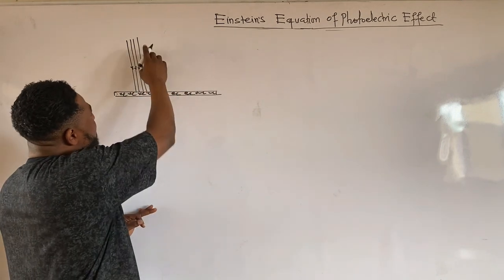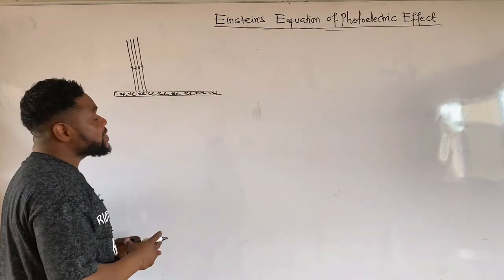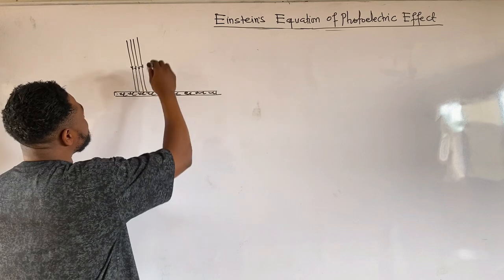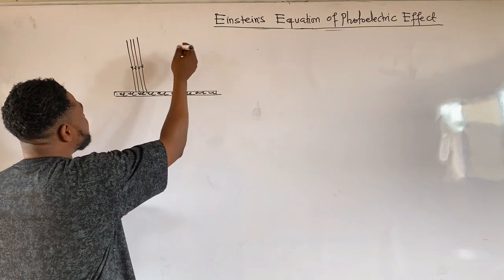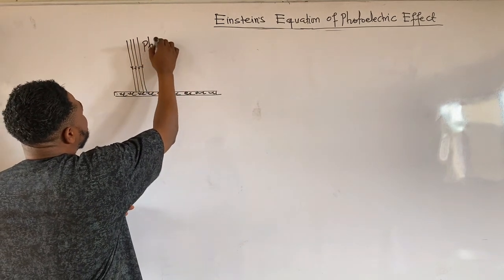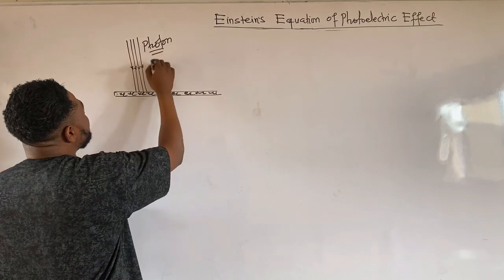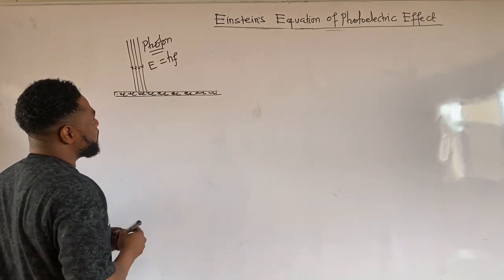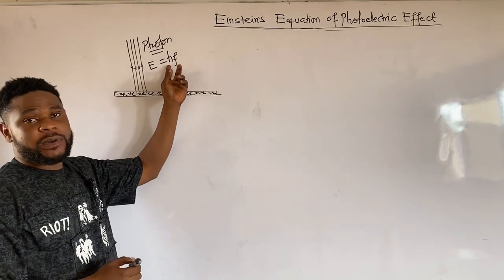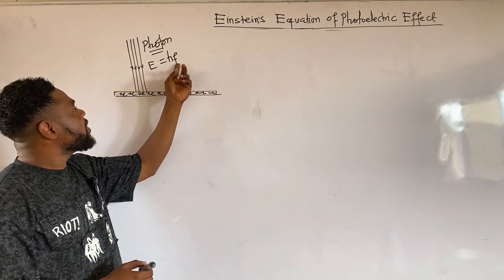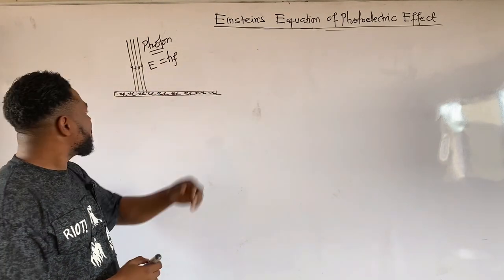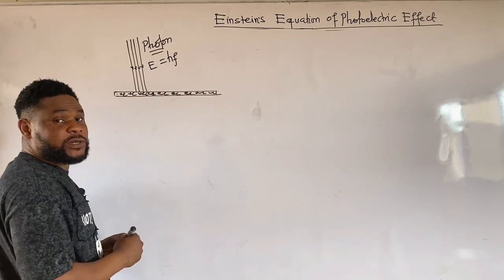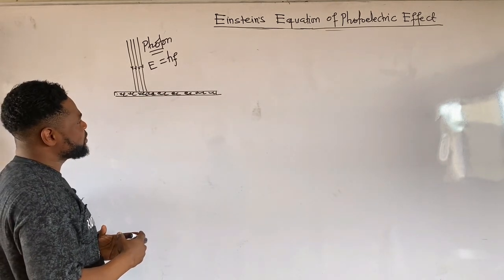Now, this electromagnetic radiation possesses energy, which is called energy of the photons, or photon energy. And this energy is given as hf, where h is called Planck constant and f is frequency.